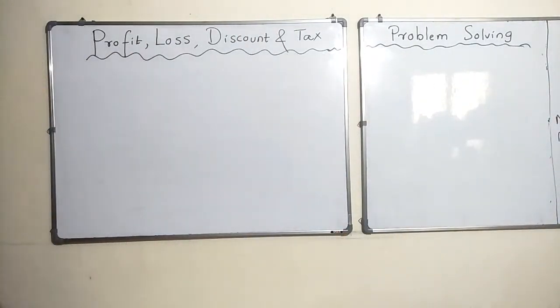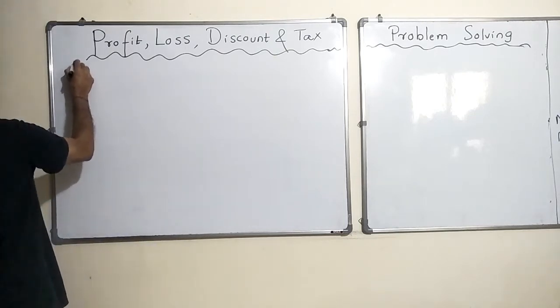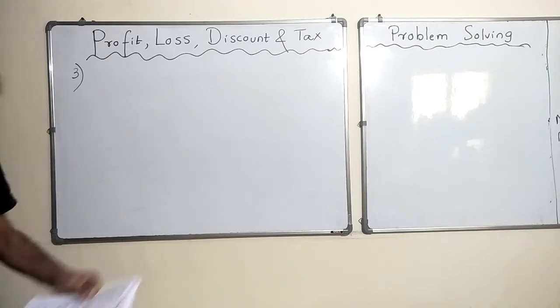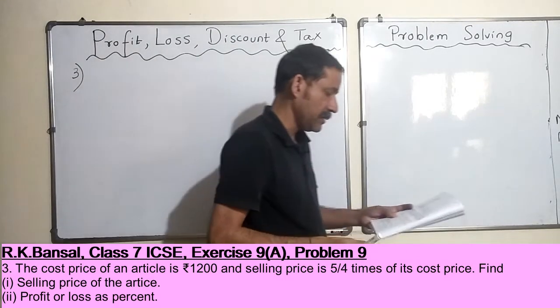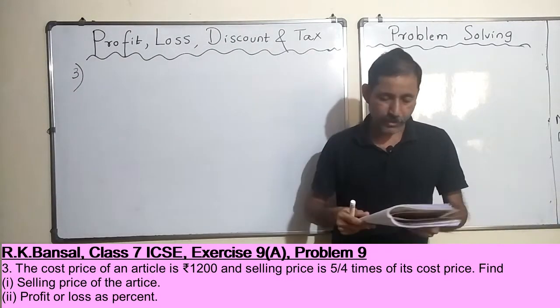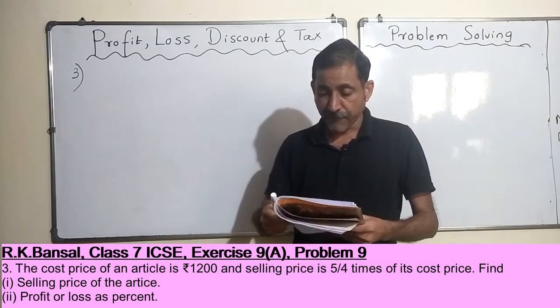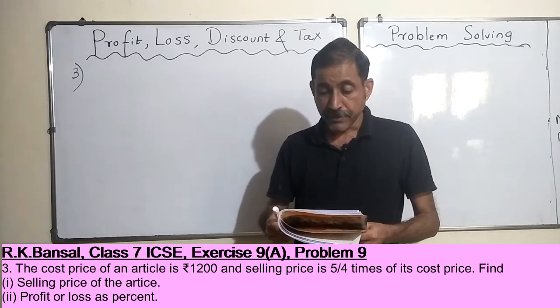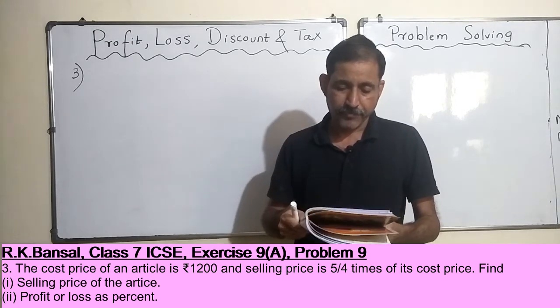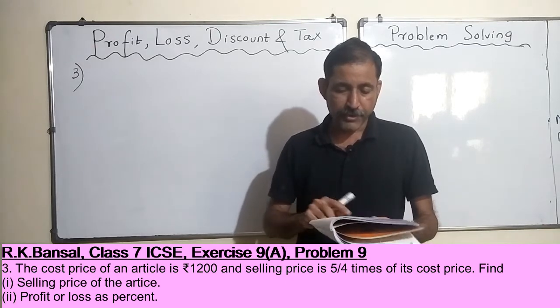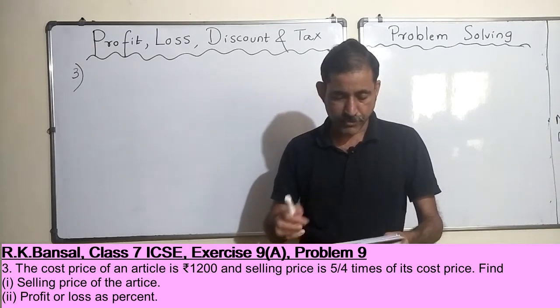All right, so third problem, right, is as follows. The cost price of an article is rupees 1200, okay, is given, and the selling price is 5/4 times of its cost price. Find the selling price of the article and profit or loss as percent, okay.